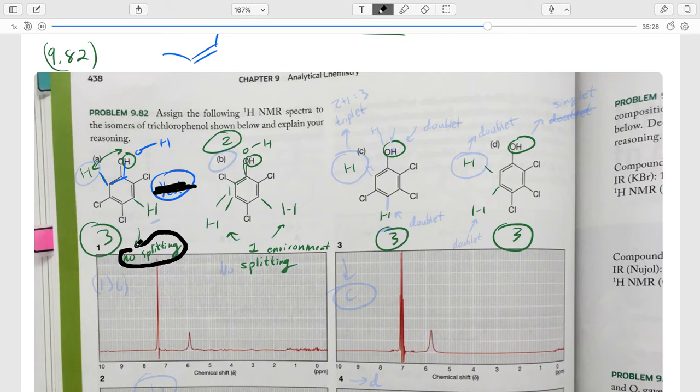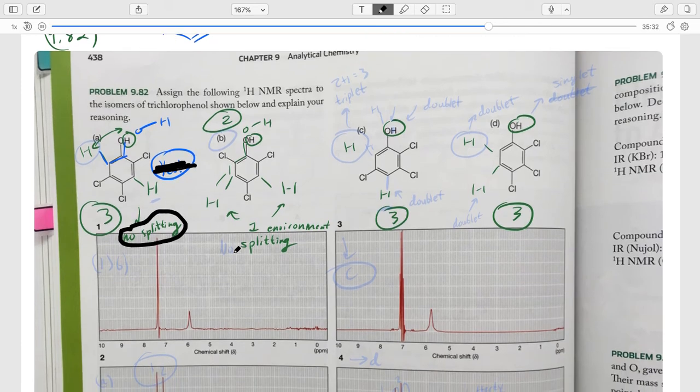Oh, sorry. Good thing I have smart students, good thing you guys are chemical engineers. Then this one, 1, 2, 3, 4, so those should be able to split each other.